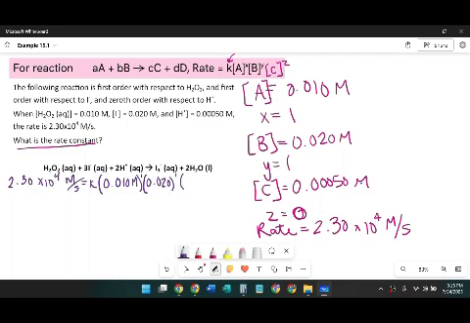And this last one, I'm just going to put brackets, put C, it's raised to the 0 power. That means we can just mark that out because it just becomes 1. And anything multiplied by 1 is the same thing, so that doesn't affect it. And in fact, that's what having an order of 0 means. It means that the concentration of that particular reactant doesn't affect the rate.